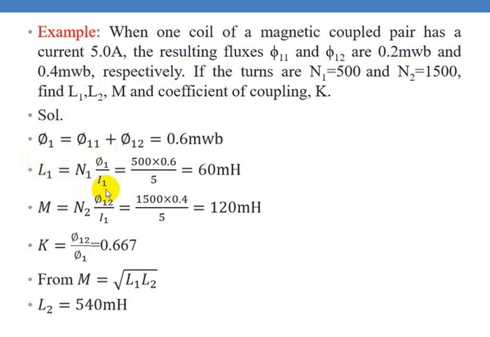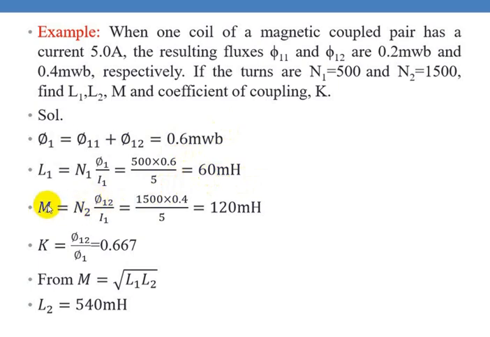The N1 into Φ1 is the total flux linkage, and this is due to current I1. So N1 is 500 multiplied by 0.6, that is Φ1 you have calculated, divided by 5. So this is in milliweber, therefore you will get the answer in millihenries, 60 millihenries.